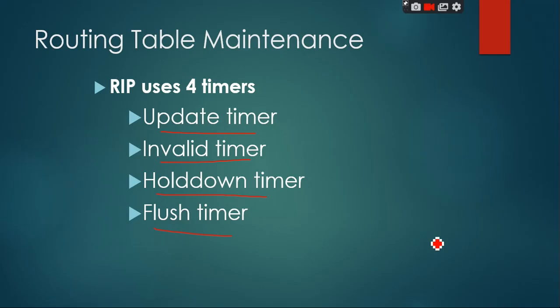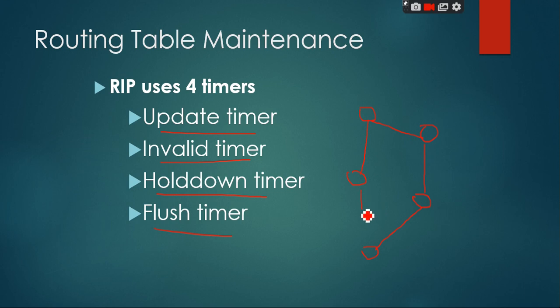Now the route update timer means each router on a network will send their entire routing table to their neighbors every 30 seconds. So imagine that you have a couple of routers like this, 1, 2, 3, 4 and 5, and they are connected.